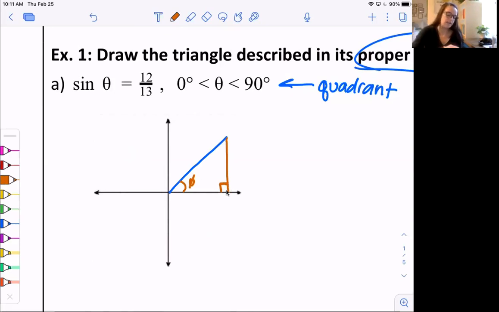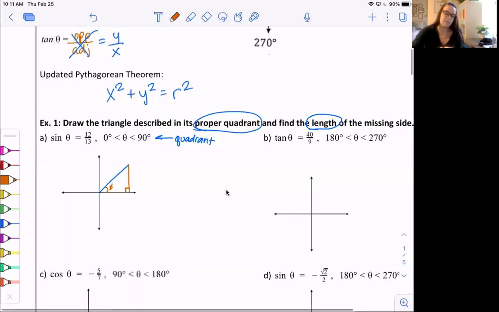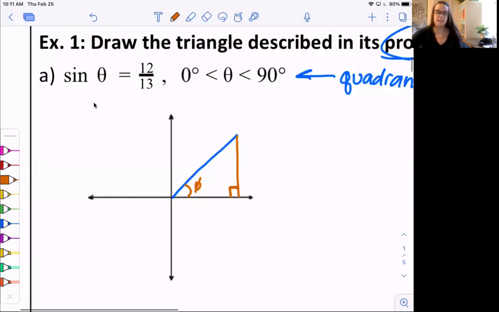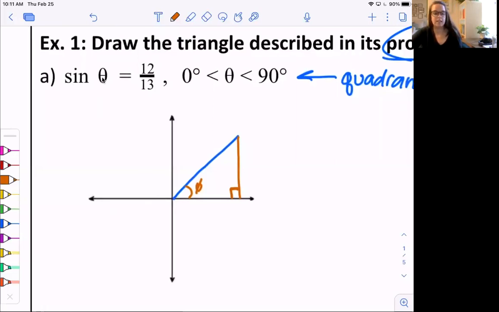Right? And then it says, find the length of the missing side. Okay, so I need to figure out the lengths of the sides that I do know. Sine theta equals this over this, right? Mia Hernandez, can you take a look at your notes and tell us sine is what over what? Like, is it X, is it Y, is it R?